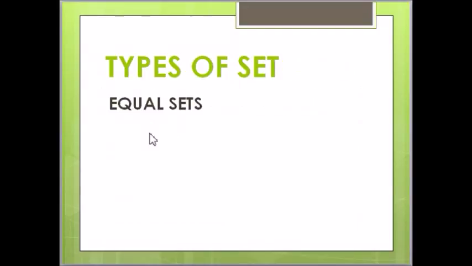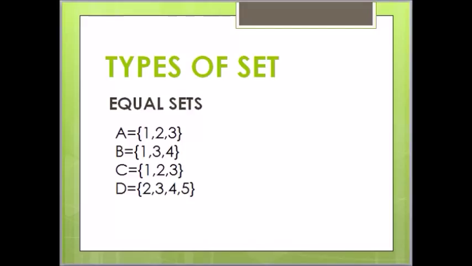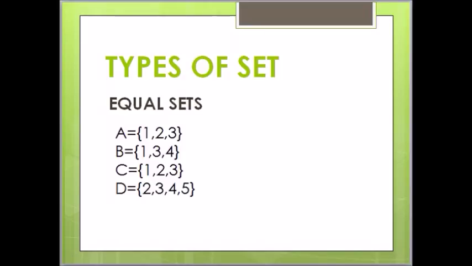Coming to various types of sets, we have equal sets. Here I have given 4 examples of sets. All the sets are first of all written in which form? Roster form. Now, for two sets to be equal, they should have the same number of elements, and all the corresponding elements should be the same.